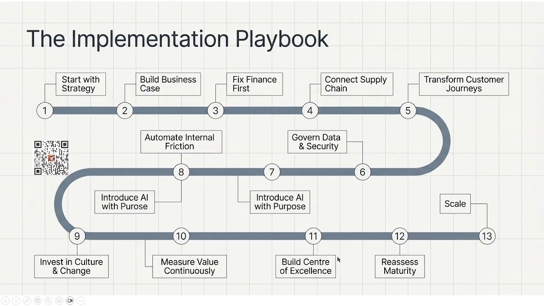After having all these transformation things, we need to also create a good team who can manage it. Those teams can be called a center of excellence. They will be managing the company's digital transformation assets which they have created. Then we need to assess the maturity.